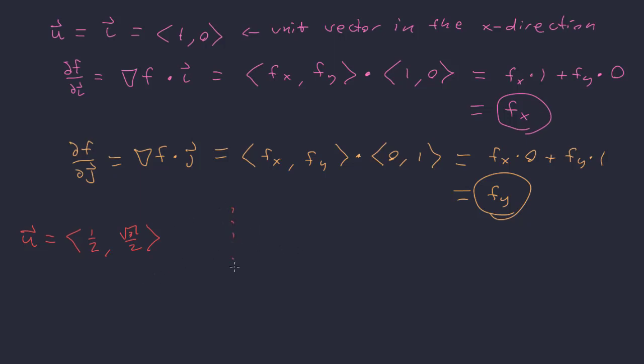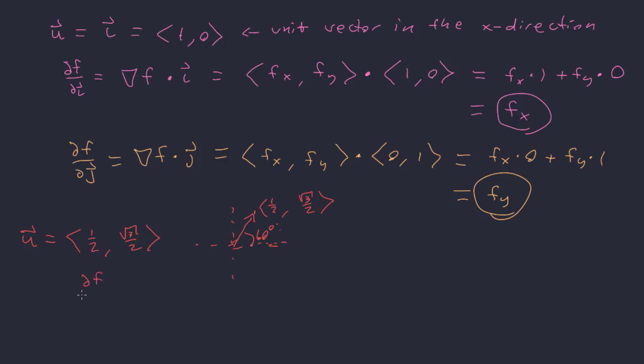This is the vector representing 60 degrees, because cosine of 60 is 1/2, sine of 60 is root 3 over 2.